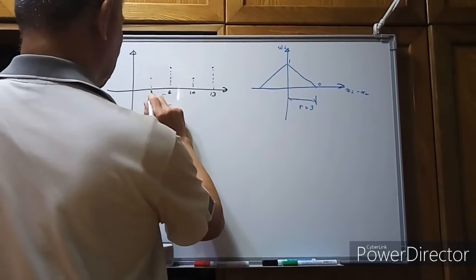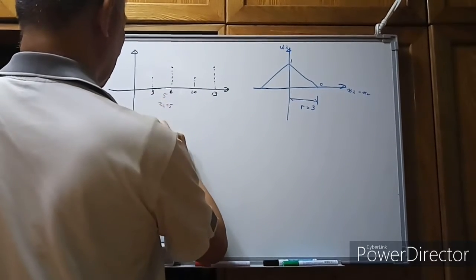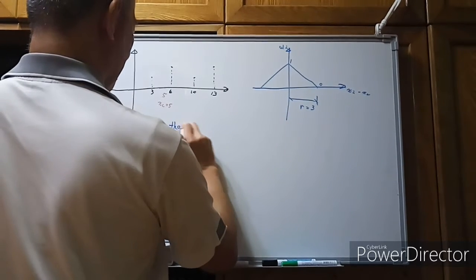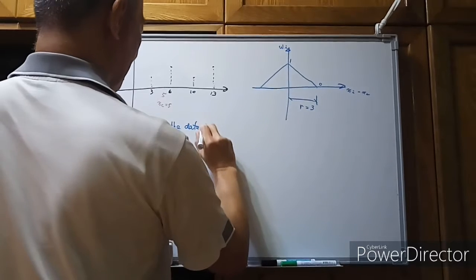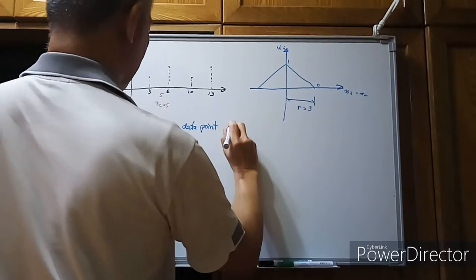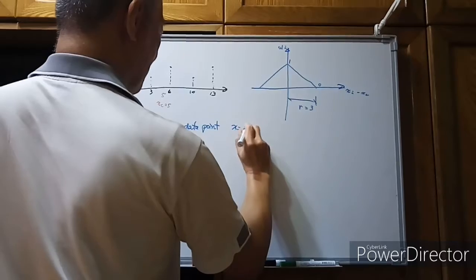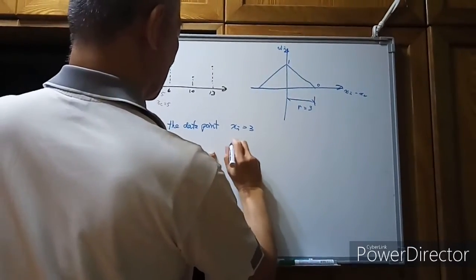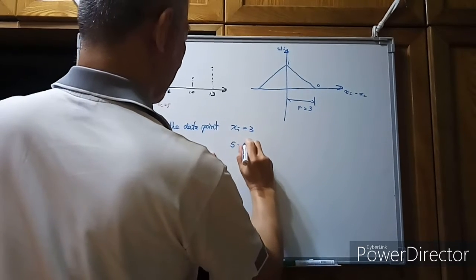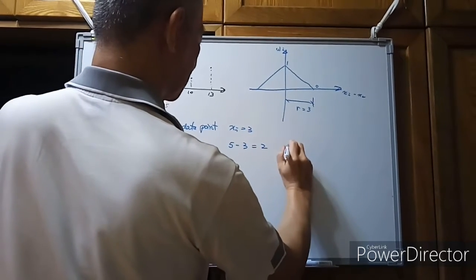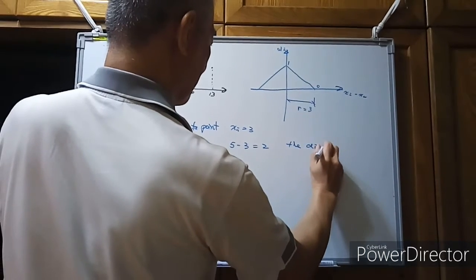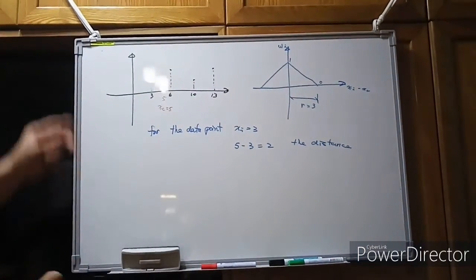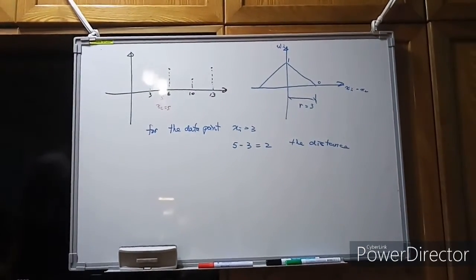Let's say this one is x1. That's the distance between the center point and the data point.